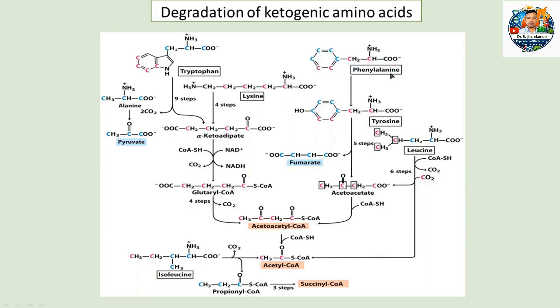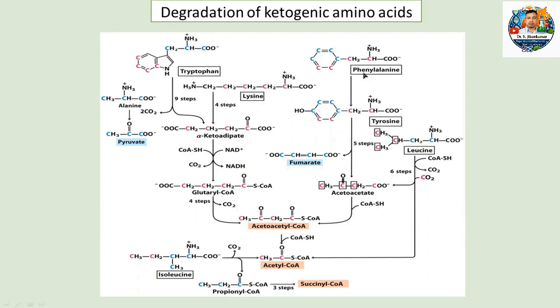Now here we will be discussing in more detail the catabolism of phenylalanine. The catabolism of phenylalanine overlaps with the degradation of tyrosine also, because you see the structure of these two amino acids, they differ only in the presence of this hydroxyl group.